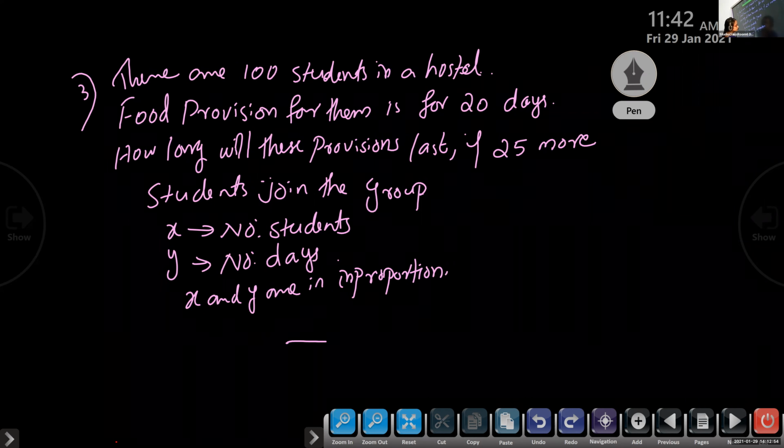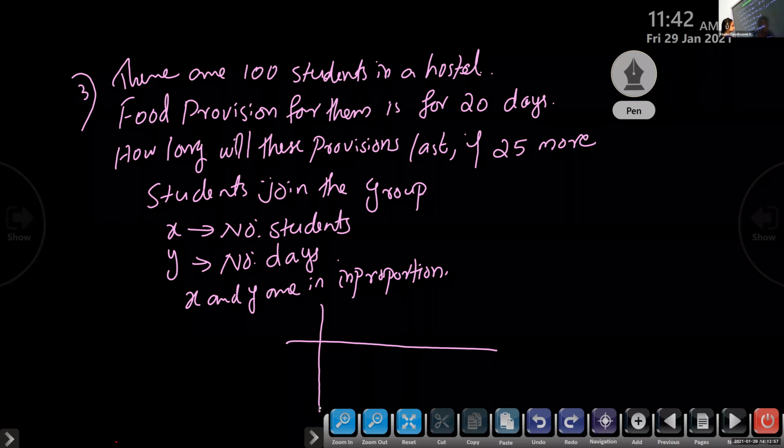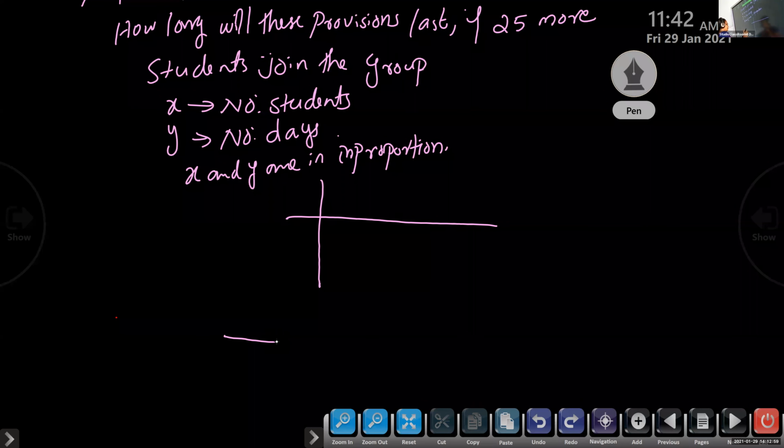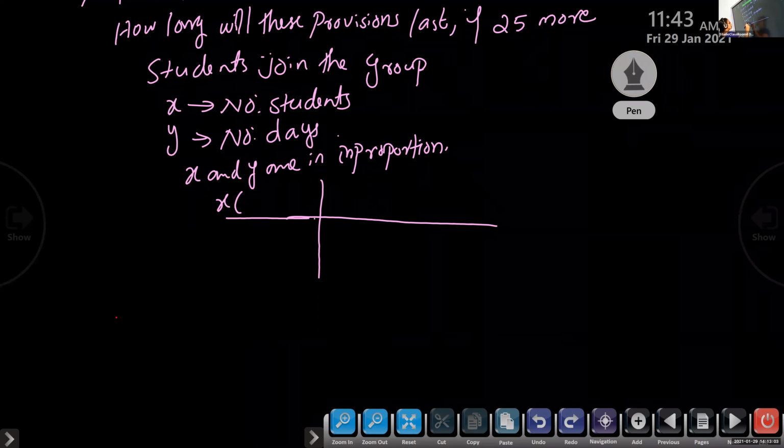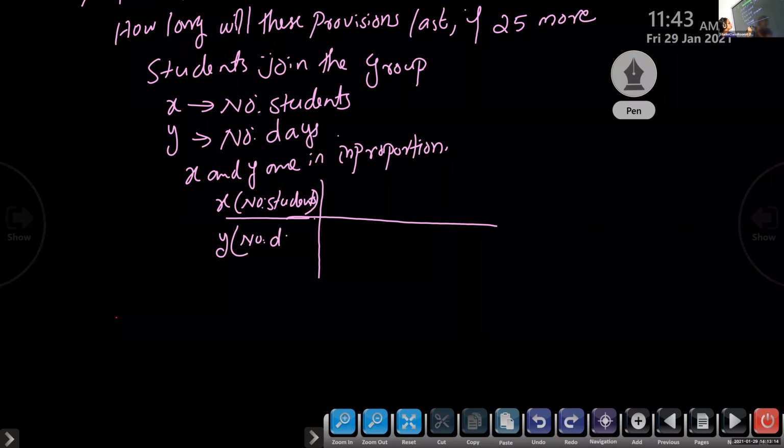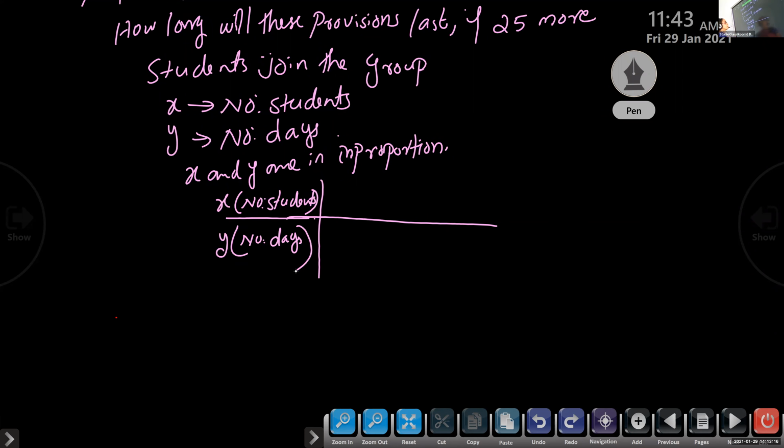Now, prepare the table. X is what? X is number of students. Y, number of days.